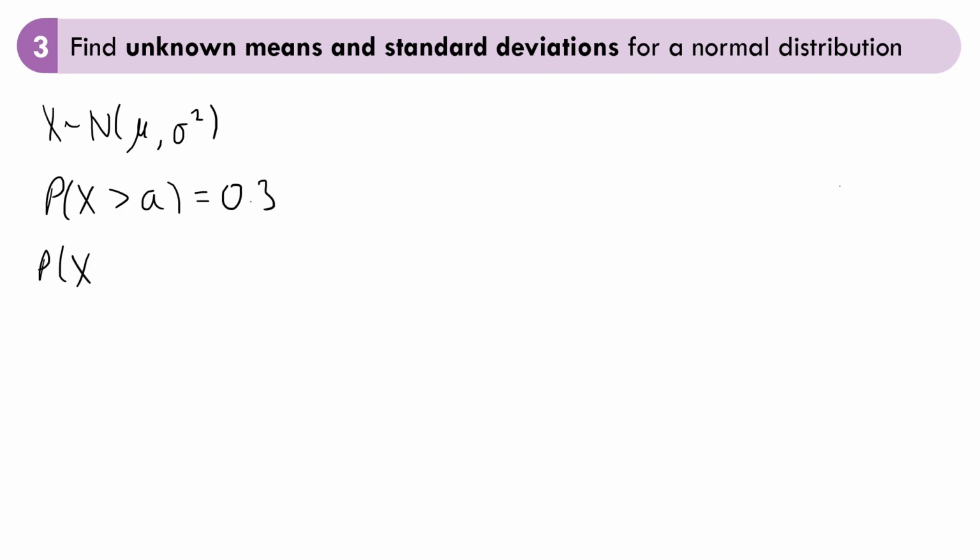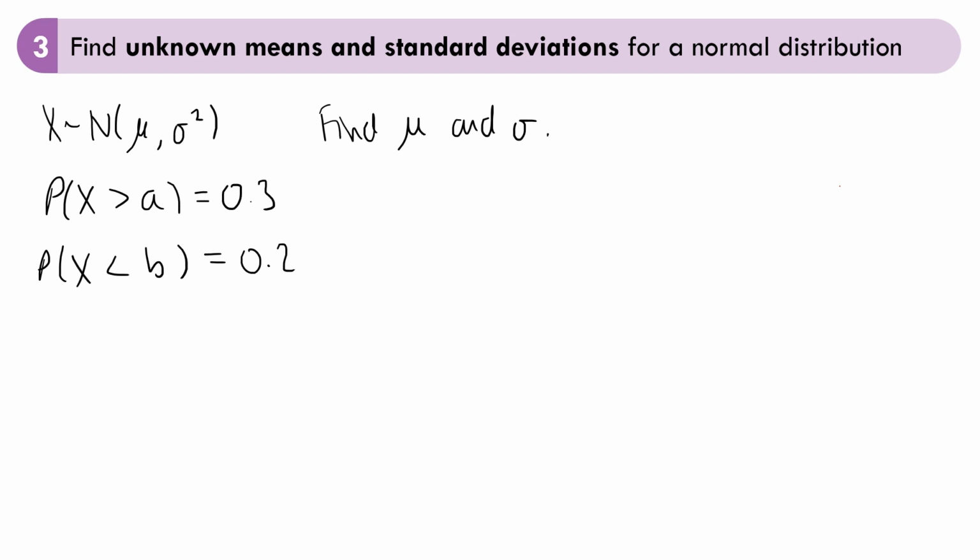So if, for example, we have the random variable x, which can be modeled using a normal distribution with mean mu and standard deviation sigma, and we're given that the probability that x is greater than some value a is equal to, let's say, 0.3, and the probability that x is less than some value b is equal to 0.2, then we could be asked to find the value of mu and sigma.